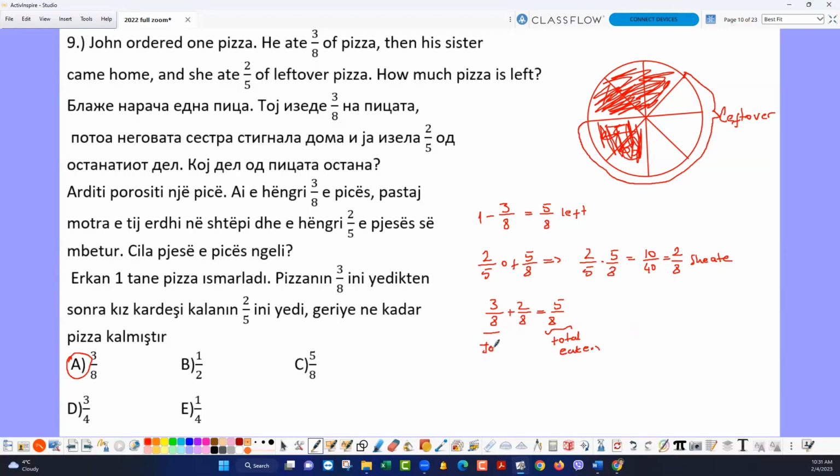This is John's part, and this is his sister's. Total eaten here is written 5/8. So what is left is 1 minus 5/8, which is equal to 8 minus 5 over 8, which is equal to 3/8. This is the mathematical way to find the answer to the same question.